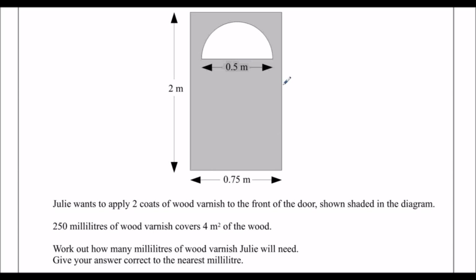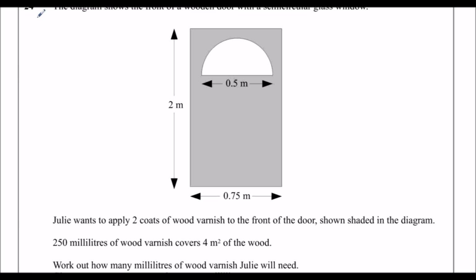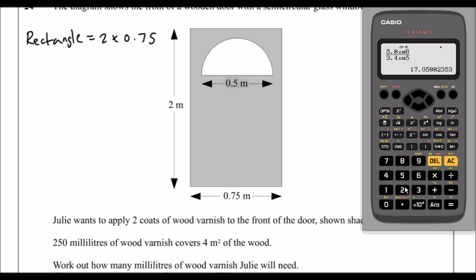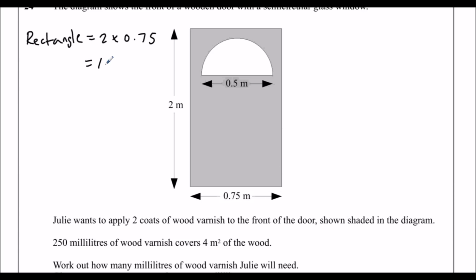So we need to work out the shaded area, and then work out how much wood varnish that needs. So we have a rectangle, which is 2 times 0.75. 2 0.75s are 1.5. And then we've got the area of half a circle.